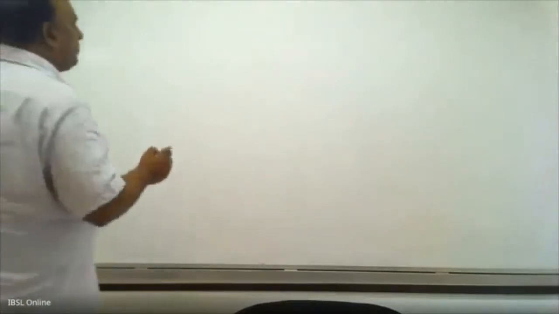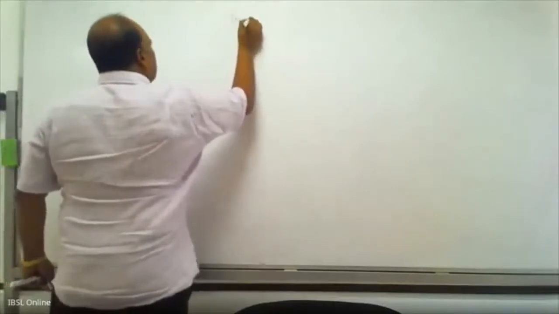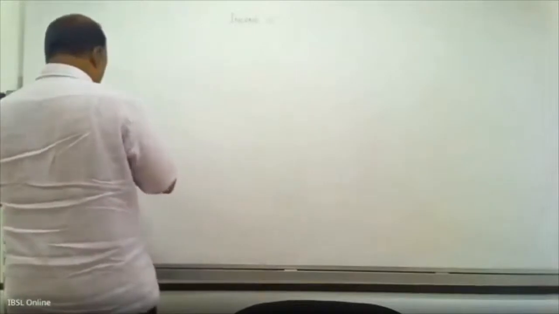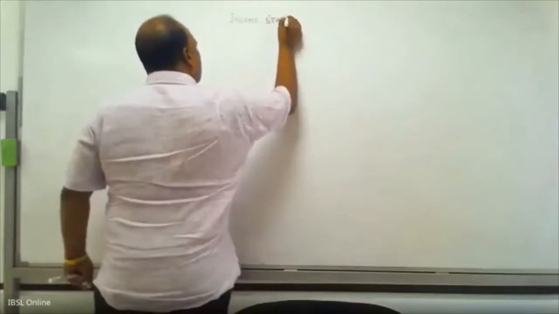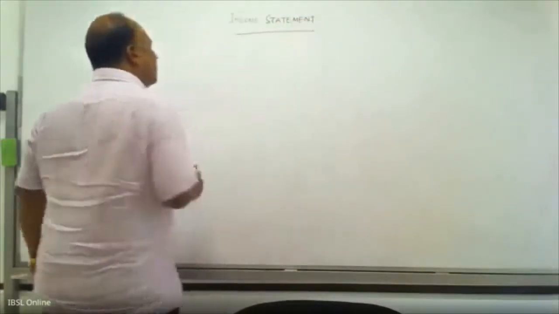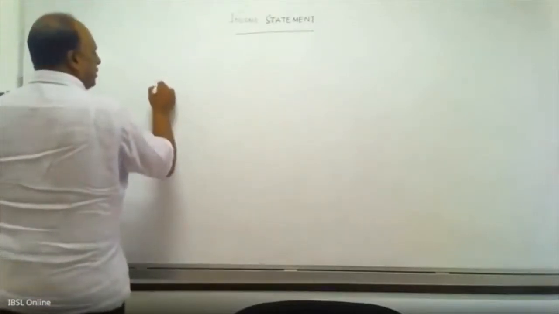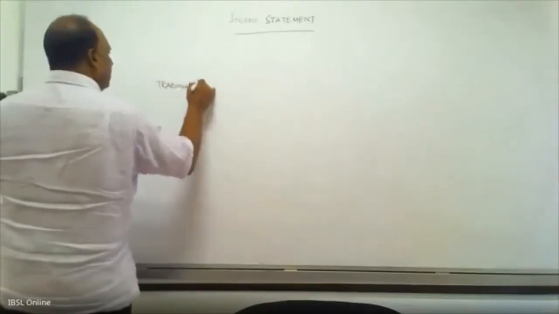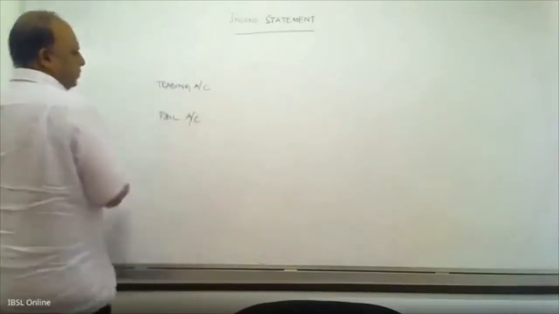So we have the income statement. The income statement has two parts. One is the trading account and the P&L account.